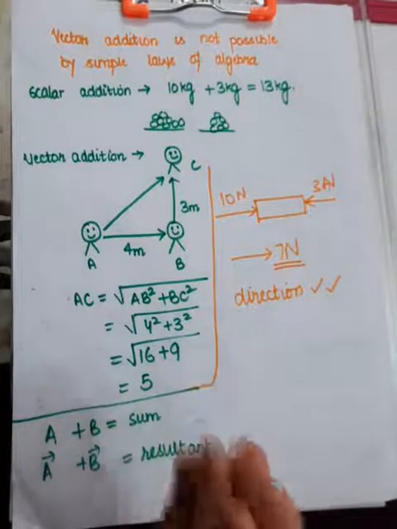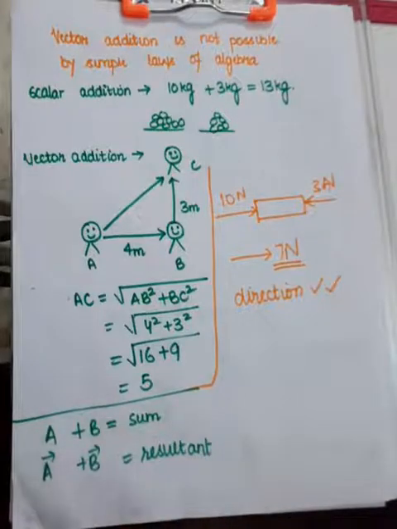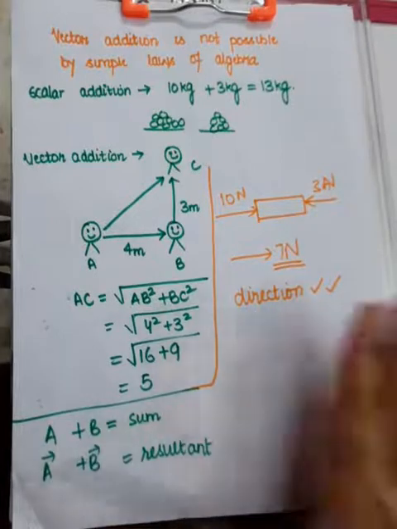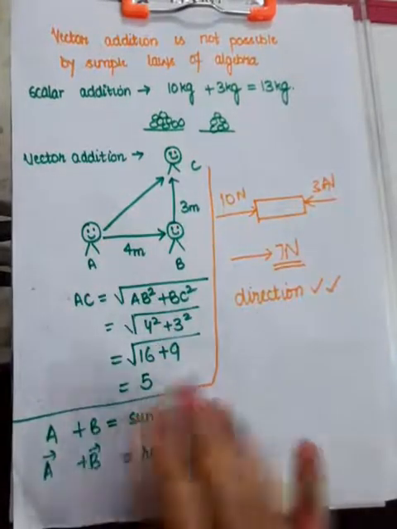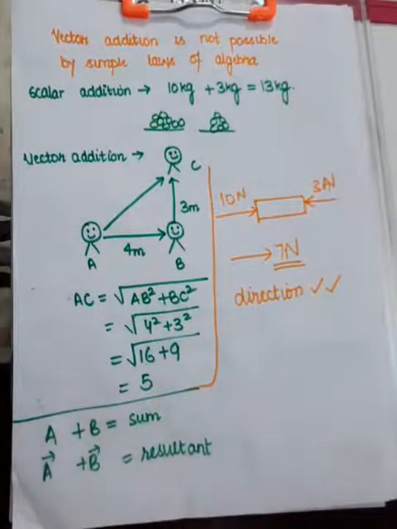Here I have applied the Pythagoras theorem. In different situations, you will use different laws. So one thing is proven from this example, that displacements cannot be simply added, like masses or times are added. So this means vector addition is not possible by the simple laws of algebra. They work well for scalars only.